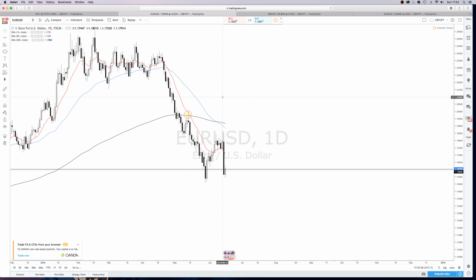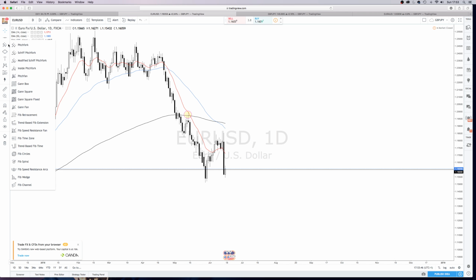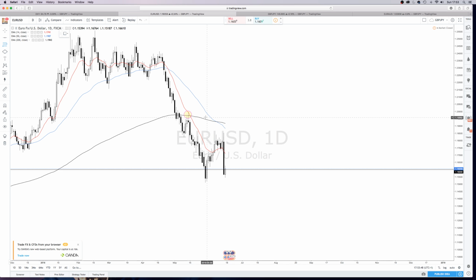So at the moment, we're trying to anticipate where these lines may go if you're not familiar with how they work. Looking at the area that we've come from, if we take a quick fib measure from the tops down to the swing low, we've got a 618 retracement where we're at the moment, where price has pushed down.